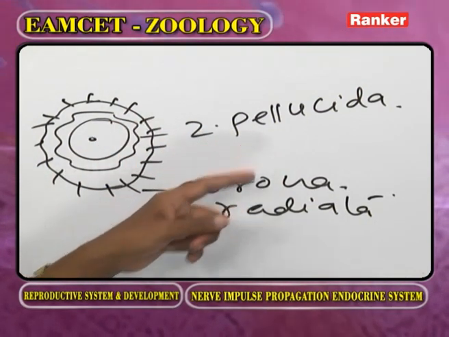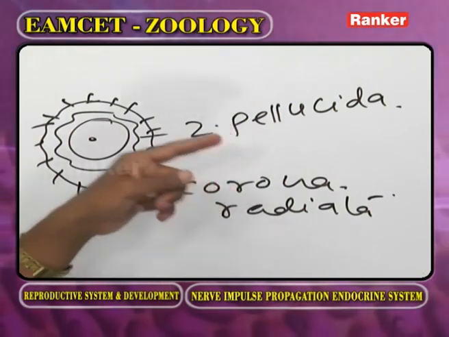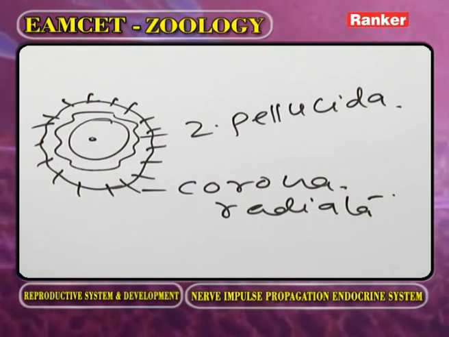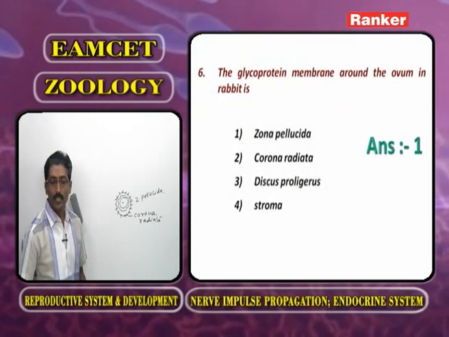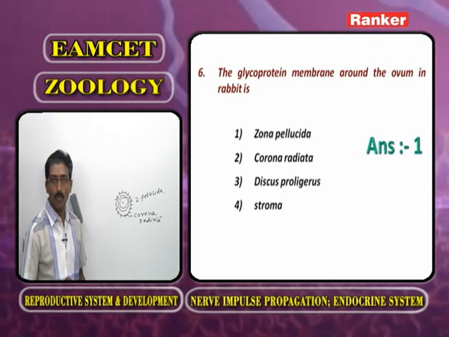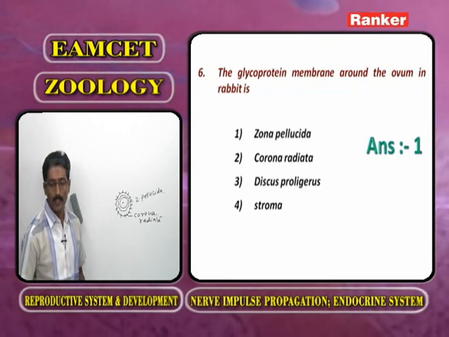Zona pellucida. It is made by glycoproteins. It disappears at the time of implantation. Now here the answer is the glycoprotein layer around the ovum in the rabbit is the zona pellucida. Now we go for the next question.